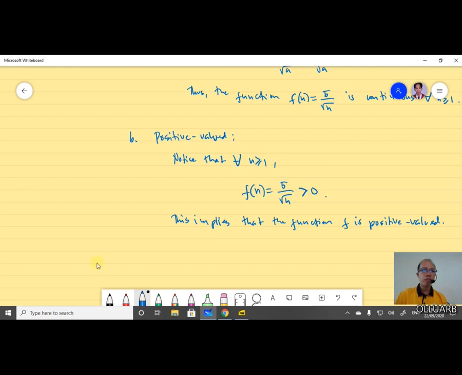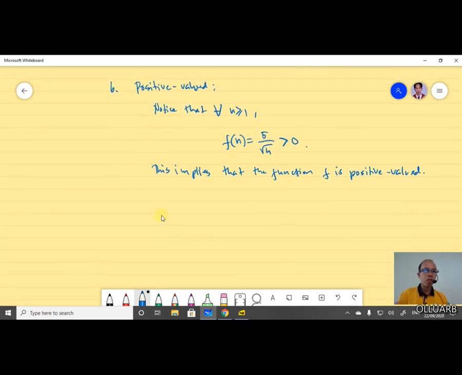Okay, so we are done with the second condition. The third is about decreasing. So is the function decreasing?